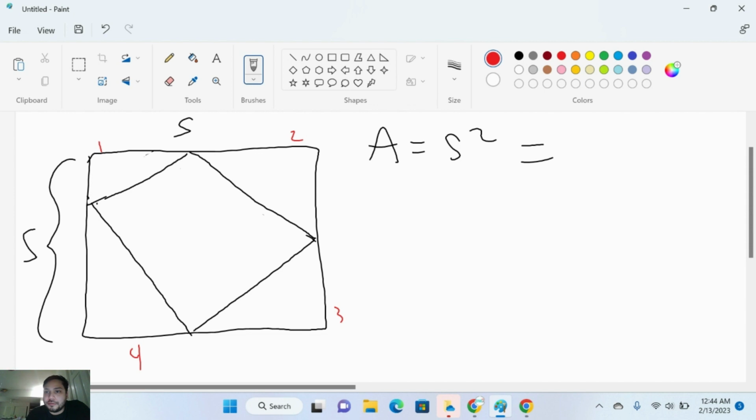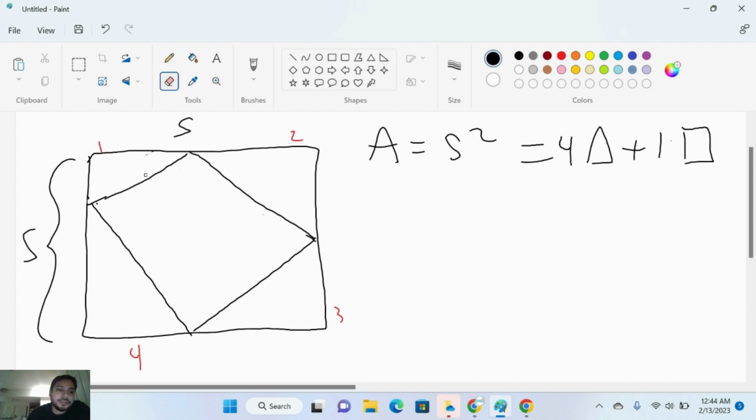So we should be able to write 4 times the area of the triangle plus 1 times the area of the inner square. The inner square is the shape right here in the middle.